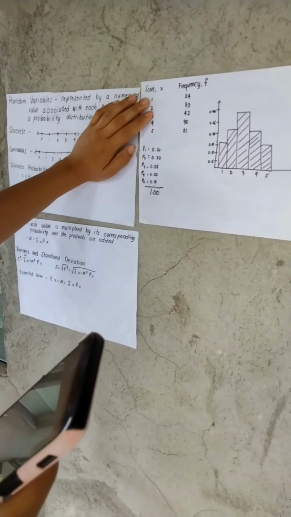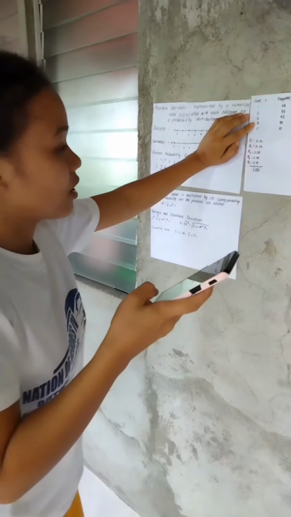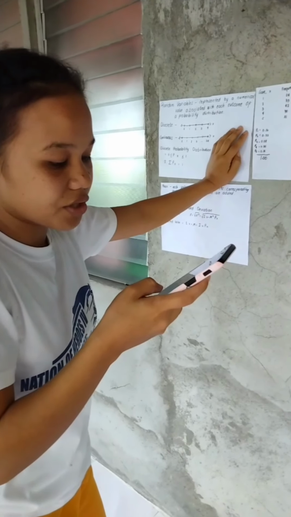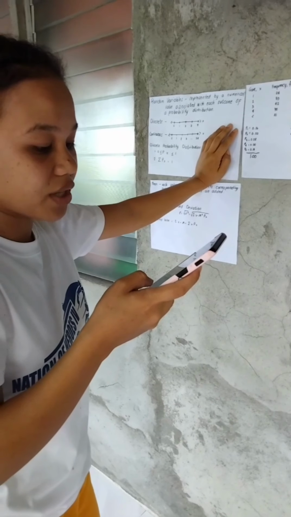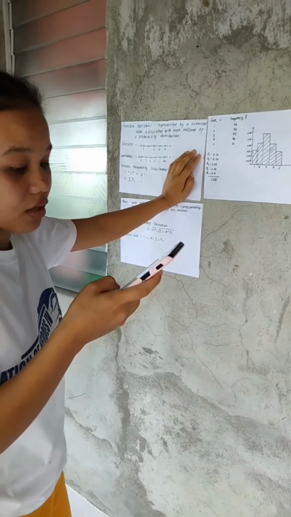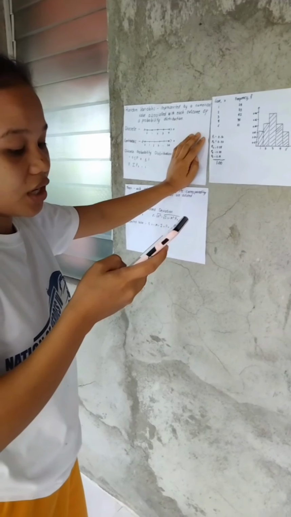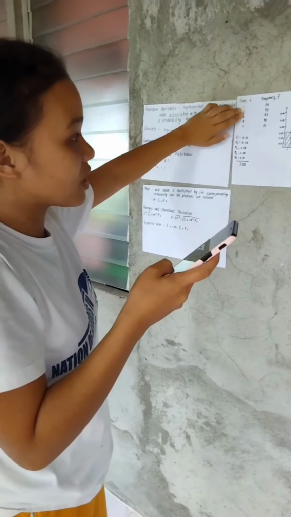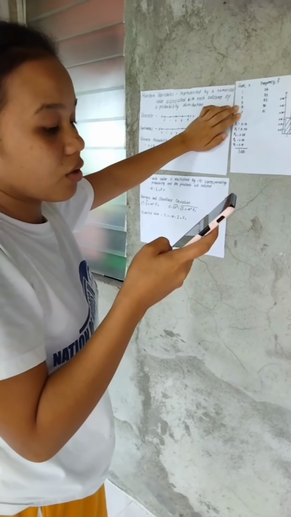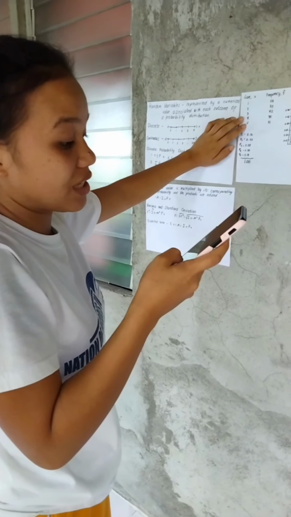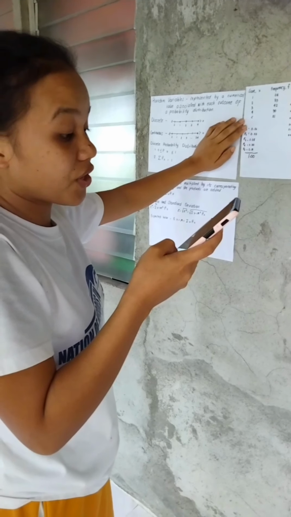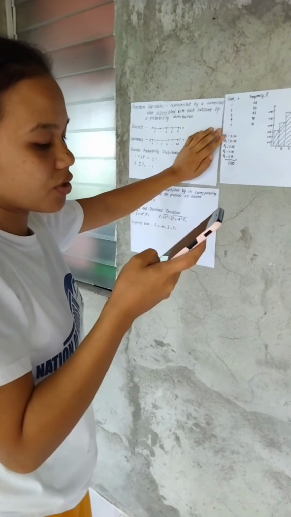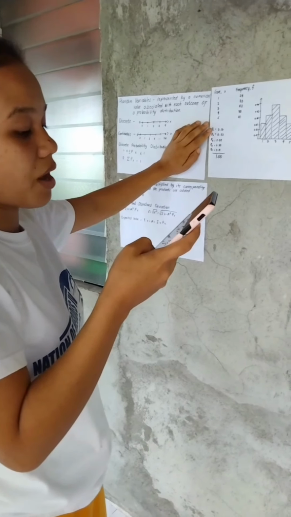In this example, I will read the statement here. An industrial psychologist administered a personality inventory test for passive-aggressive traits to 150 employees. Each individual was given a whole number score from 1 to 5, where 1 is extremely passive and 5 is extremely aggressive. A score of 3 indicated neither trait. The results are shown. Construct a probability distribution for the random variable x.